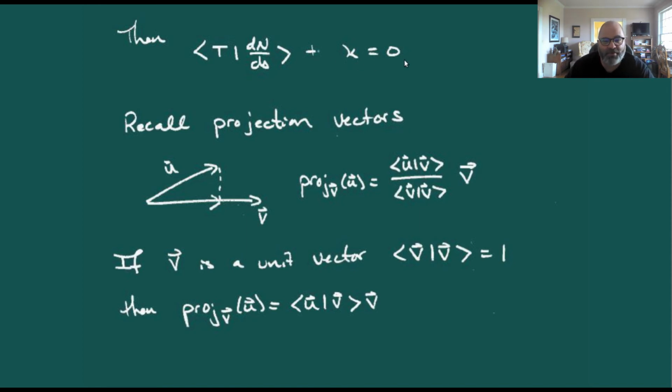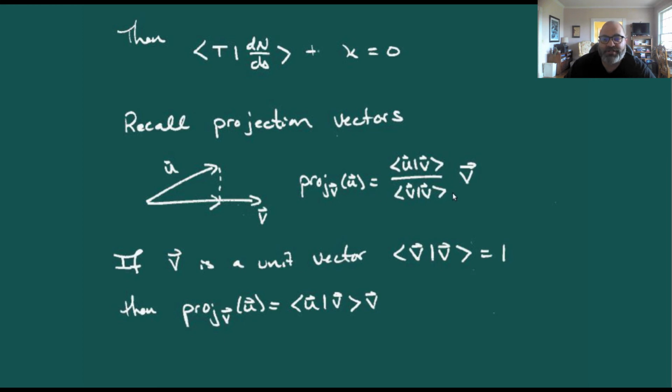Now, coming back, let's review a little about projection of vectors. Remember the vector projection formula: if we have one vector v and another vector u, and we want to know how much of the vector u is in the direction of v, that's what we mean by our projection. The projection onto v of the vector u is the dot product of u and v divided by the dot product of v with itself.